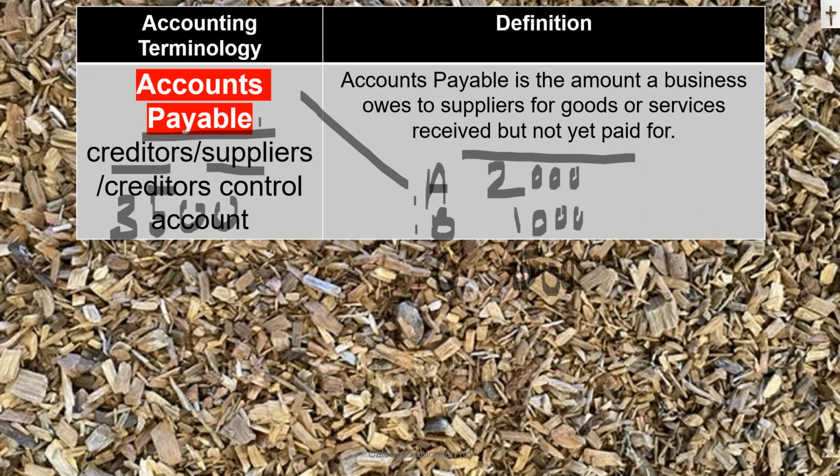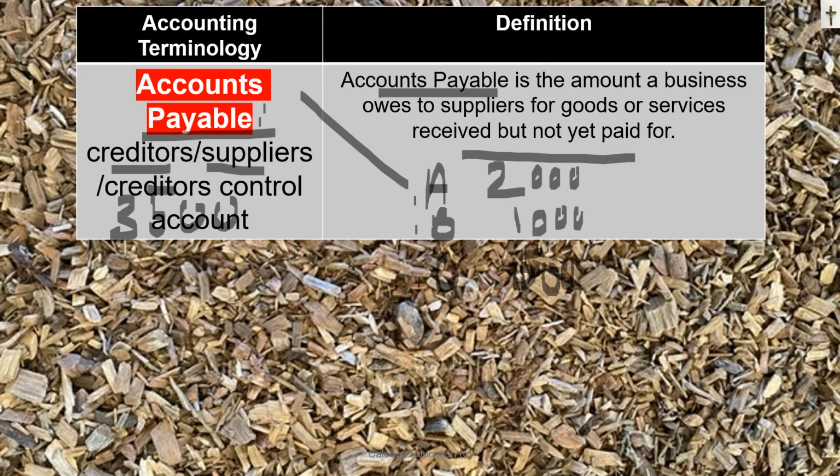By the way, these individual creditor accounts are held individually in the accounts payable ledger or creditors ledger. But accounts payable is a summary of all your individual creditors.